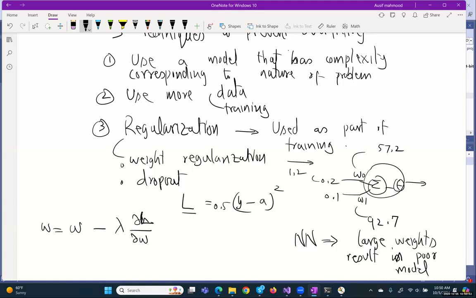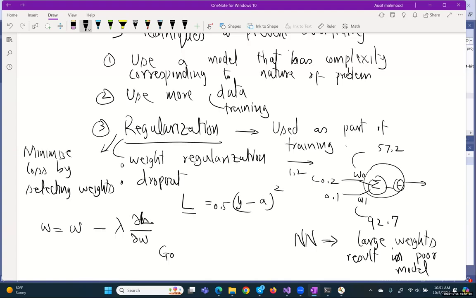So the goal of regularization, because we know we cannot have large weights, is, in plain English, to minimize loss by selecting weights that are as small as possible. That's the regularization technique.